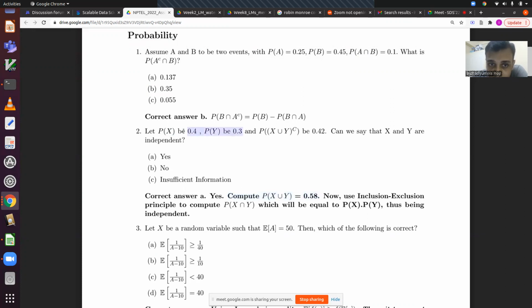Now X into Y is 0.4 into 0.3, which is 0.12. The intersection is 0.7 minus 0.58, which is 0.12, right? Yes. Good.